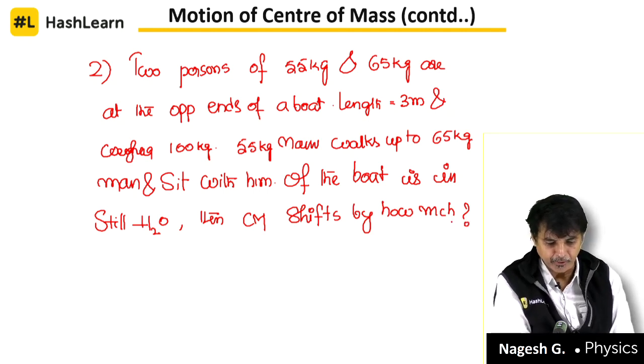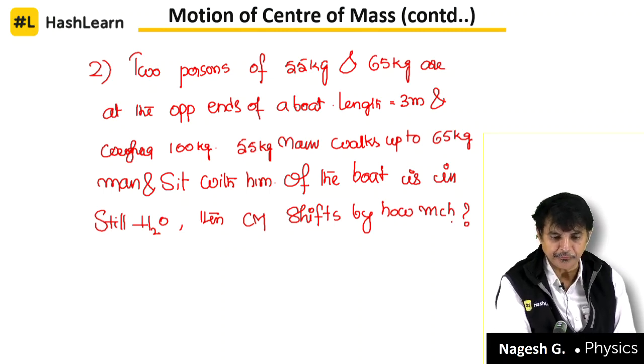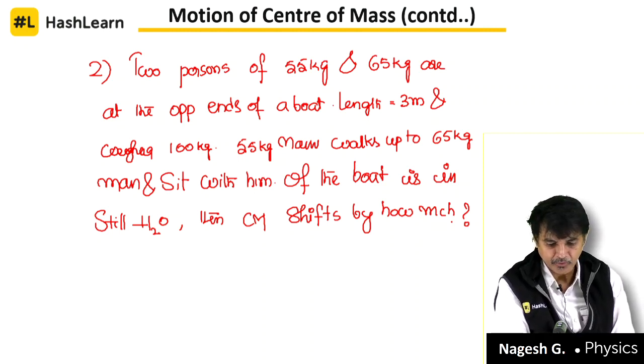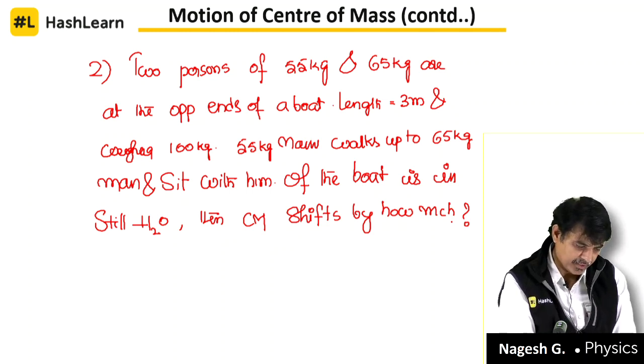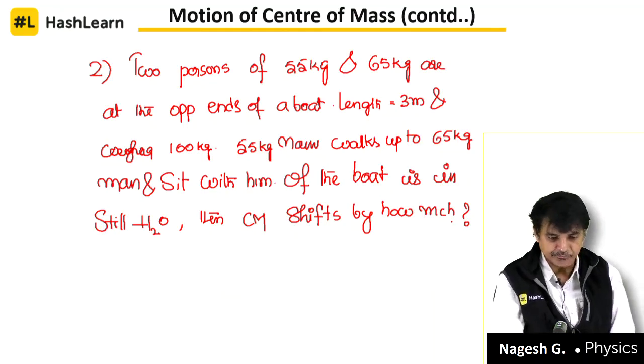I am reading the problem. Two persons of masses 55 kg and 65 kg are at the opposite ends of a boat. Length of the boat they mentioned in the problem as 3 meter and it is having a weight of 100 kg.